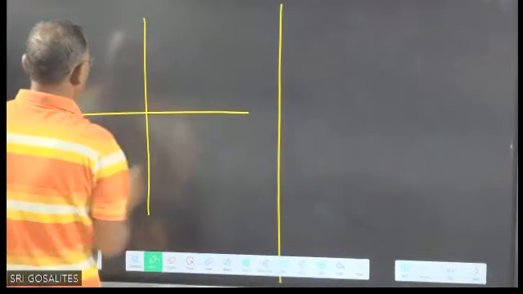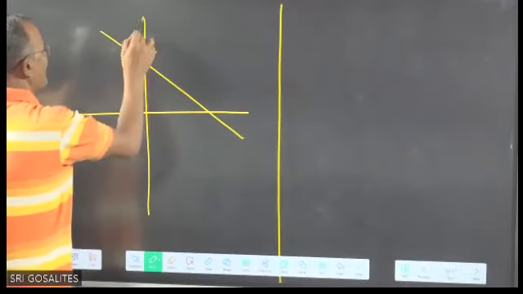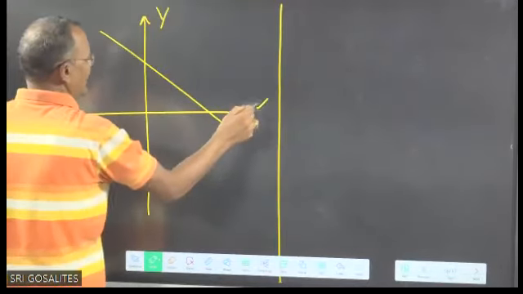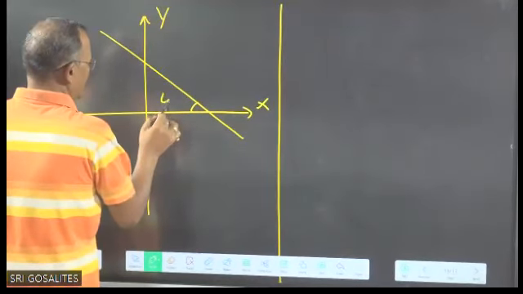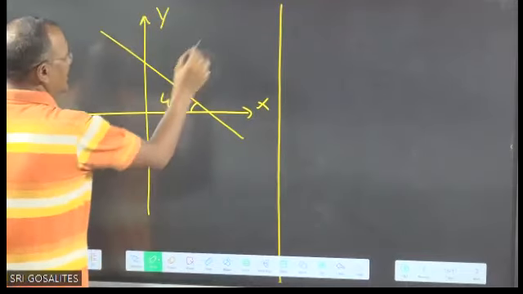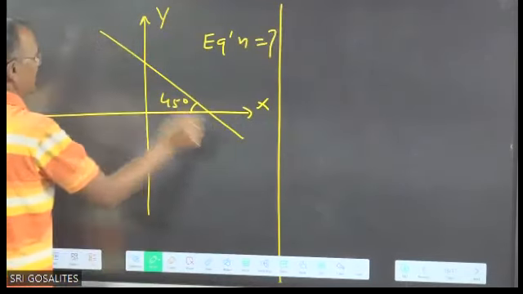Now you just tell me one question. Suppose I am having this line. It's the y-axis, it's the x-axis. This angle is, suppose, 45 degrees. Then find the equation of this line AB.